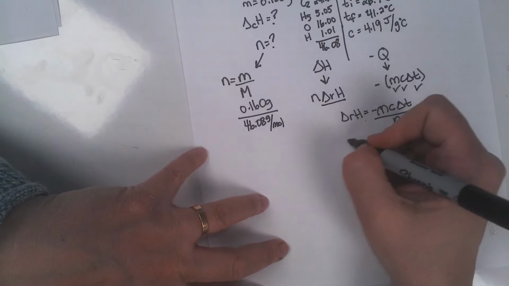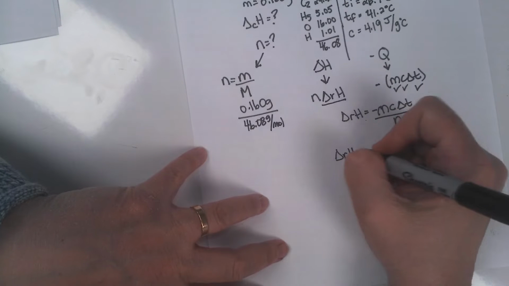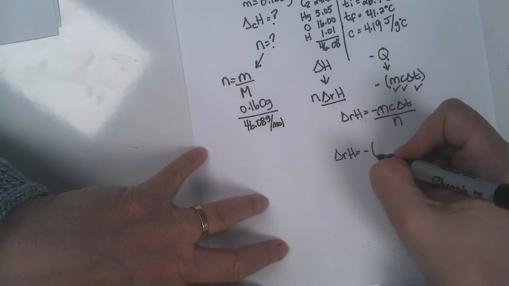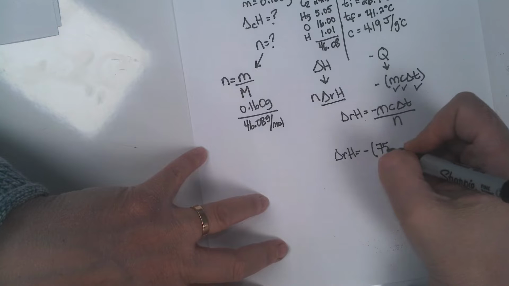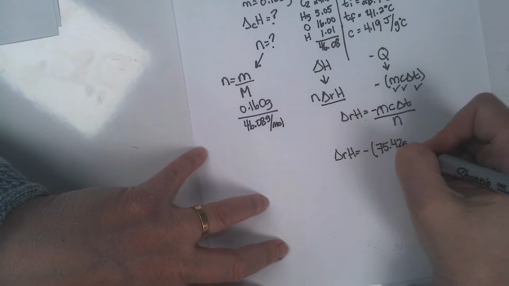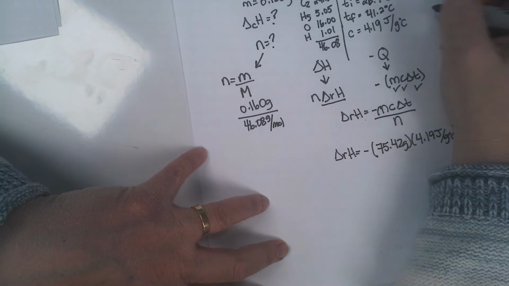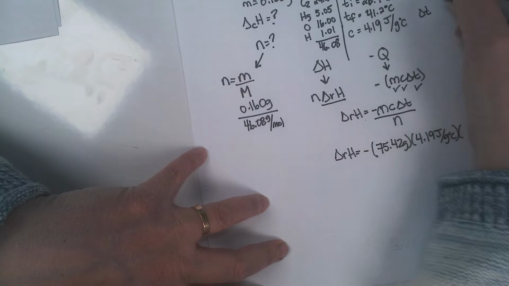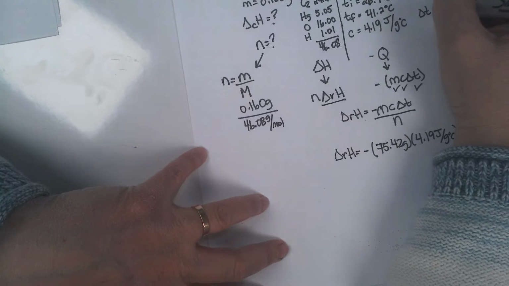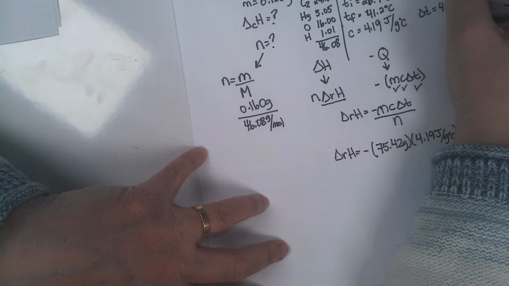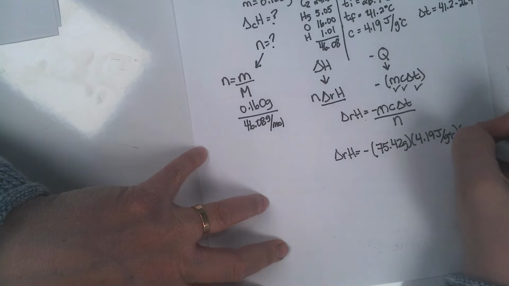So delta rH is equal to the negative of 75.42 grams multiplied by 4.19 joules per gram degree Celsius multiplied by delta T, which is going to be equal to 41.2 minus 26.9.